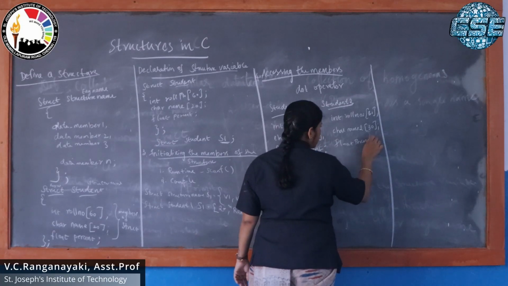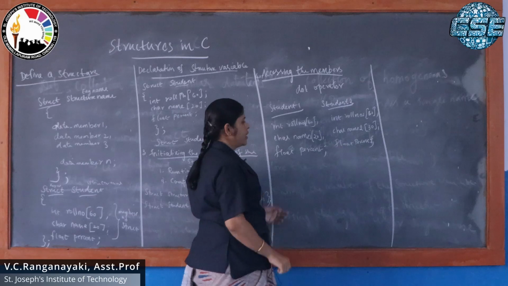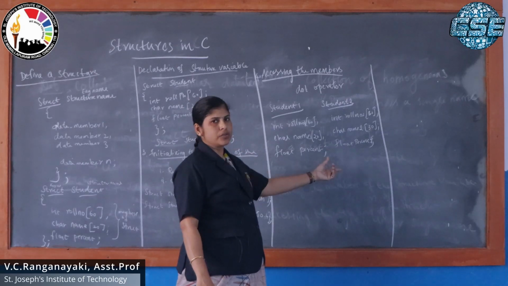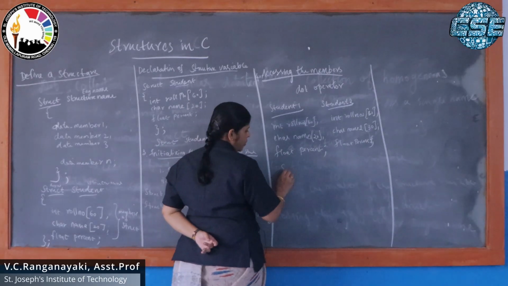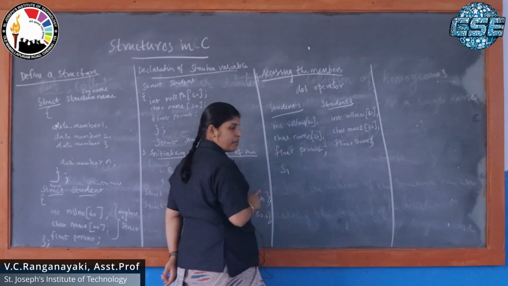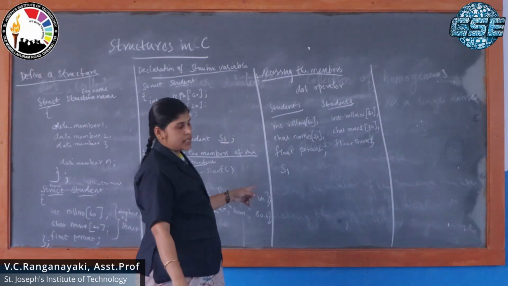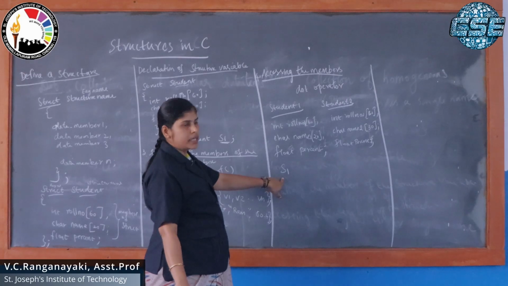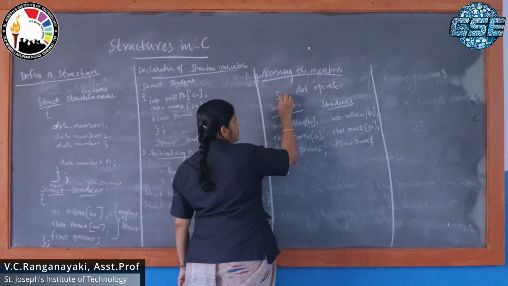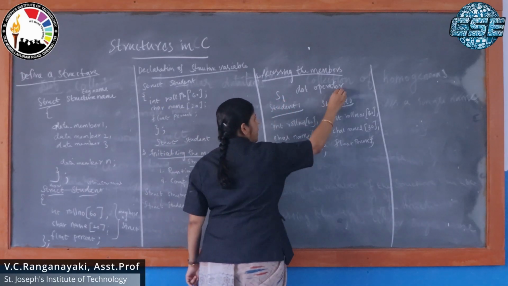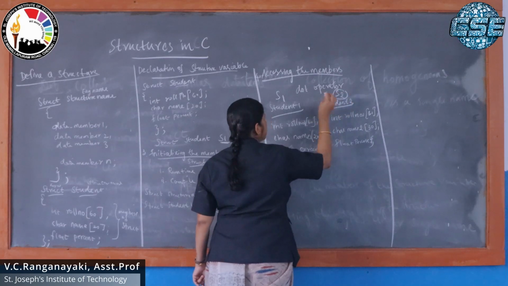Okay, this is 2. Now I have the details of student 1 and student 2. Now with the help of a structure variable we will access the value, right? So I declare the variable as S1 for student 1 and S2 for student 2.